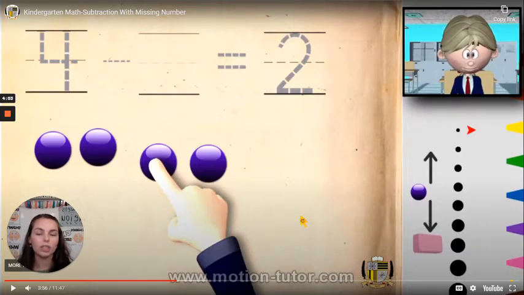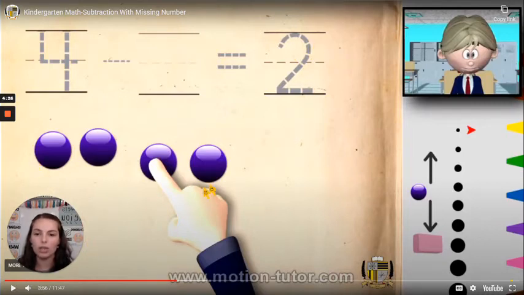Okay, that video really shows us a good explanation. This number in the front is how many I have to start with. This number over here is how many I have to end with. So I need to figure out how many I'm taking away for me to end up with this number. So let's look at this one. This says 4 take away something equals 2.